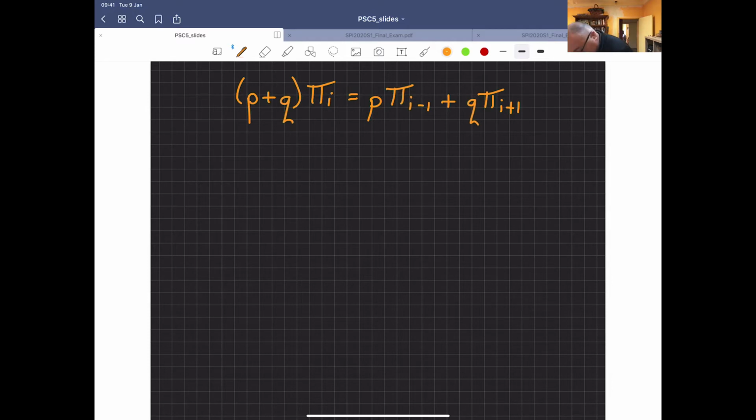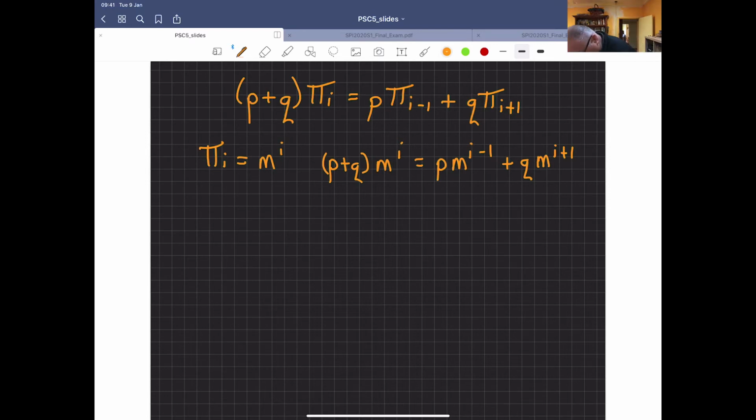And we're going to assume that the solution is pi I equals m to the power I. So if we substitute that in, we get (P plus Q) m to the I equals P m to the I minus 1 plus Q m to the I plus 1.